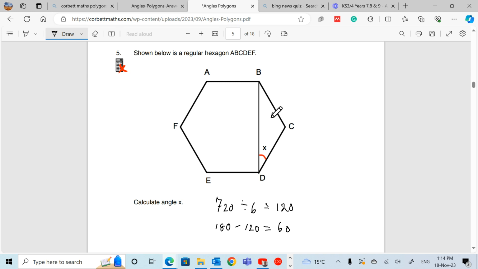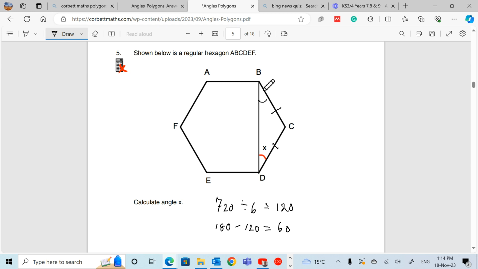And because it's a regular hexagon, this triangle here is actually an isosceles triangle, because the angle at B and the angle at D are both 120 degrees. So we've done 180 take away 120, and that means that's 60.